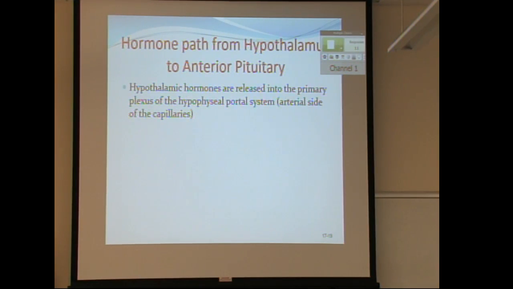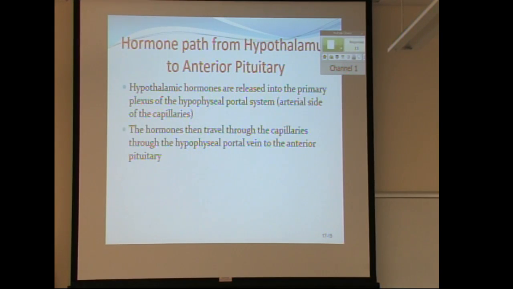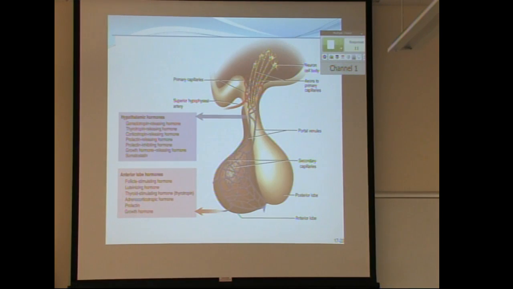And we're going to look at a picture of it. So it's put into what's called the primary plexus, and that's arterioles, so smaller arteries. And they go through capillaries, through the portal vein, to the anterior pituitary. You can see that right here.